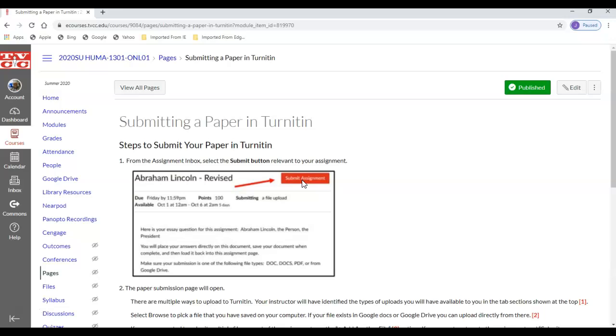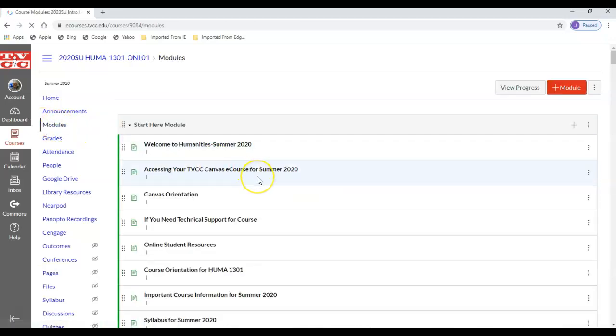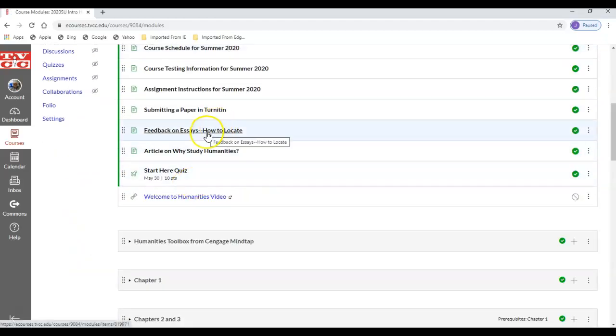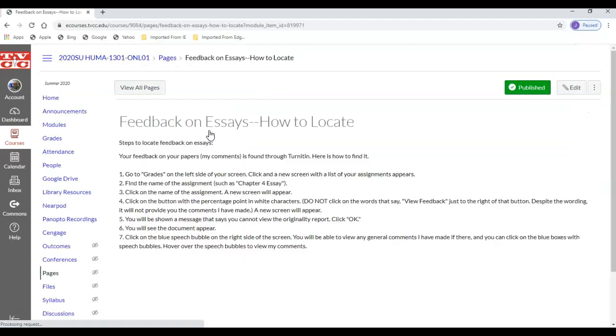Then it'll ask you to upload it from your computer, which is what you want to do. Likewise, underneath the Start Here module, I have for you feedback on the essays, how to locate it. Once you submit your essay next week or earlier, I will go through and grade it and score it. And yes, as I said earlier, I also teach English, so I will be applying all the details there.